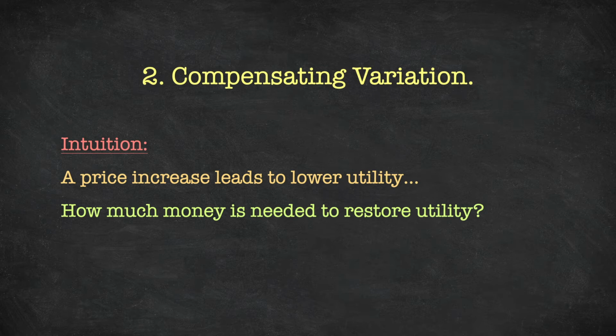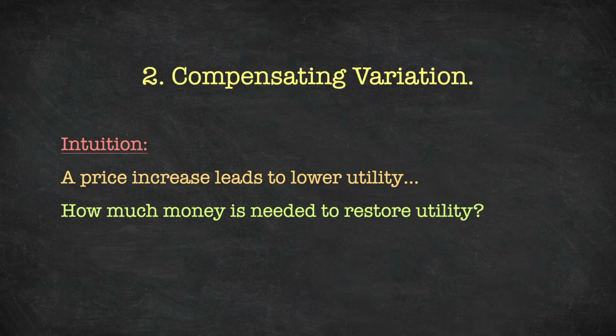It pivots inwards, in which case the consumer cannot get onto that original indifference curve anymore because they can't afford to. So we could ask the question, well, how much money do we need to give this consumer to compensate them in order to restore their initial level of utility? Okay, so that they can afford a bundle of goods which is just as good as what they started with.